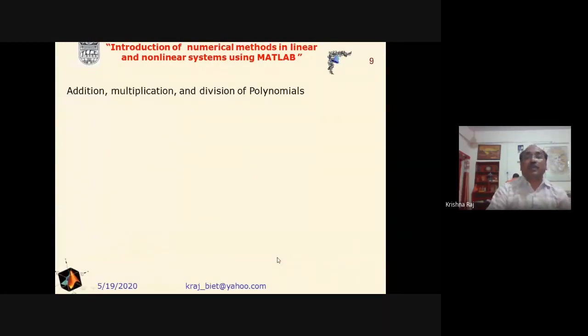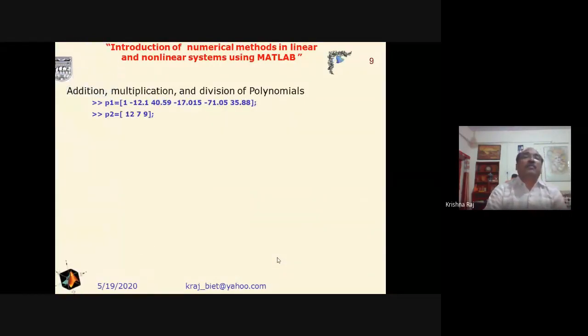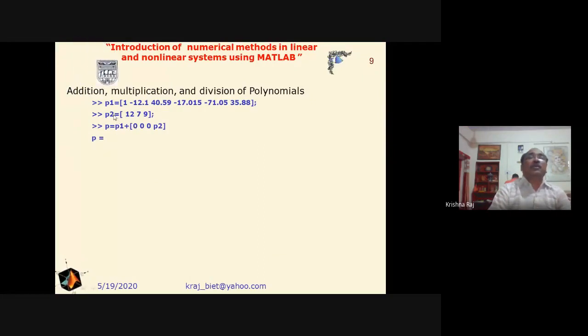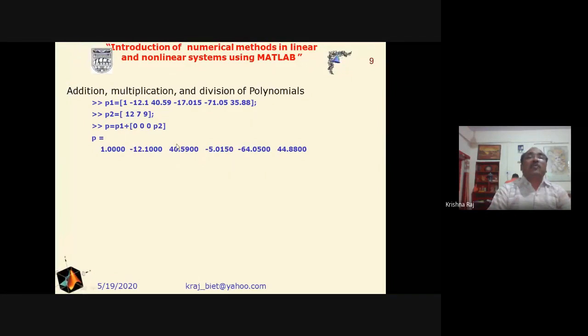And now see the addition, multiplication, and division of the polynomials. We have to define the polynomials, and now we can add the polynomials by just using this type of command here, where polynomial 1 and 2 have different orders. So these orders which are missing for the 2, they will be considered as 0. Now this is the resultant polynomial due to the addition of the 2 polynomials here.